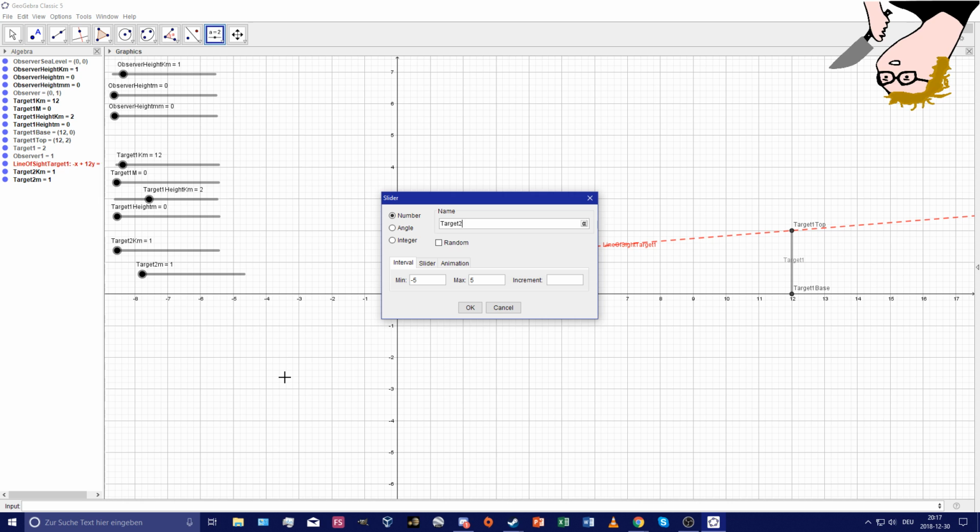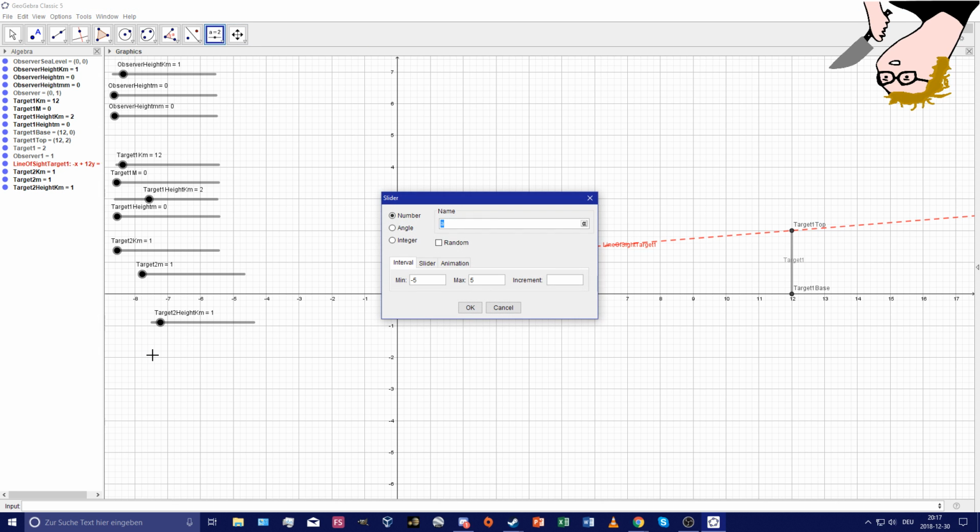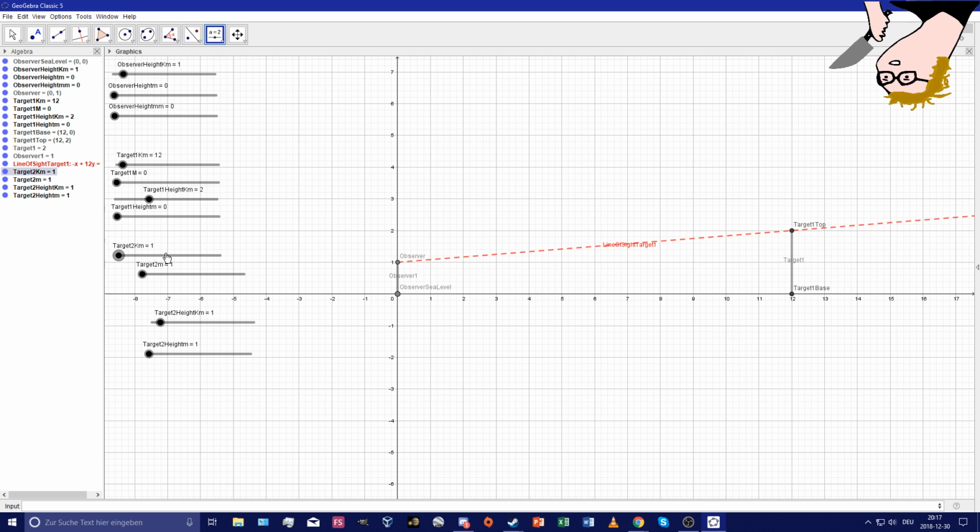Target 2 height kilometers from 0 to, say, 12. And last but not least, target 2 height meters from 0 to 1000 in increments of 1. Okay, so those are all the sliders we will need for the second target.